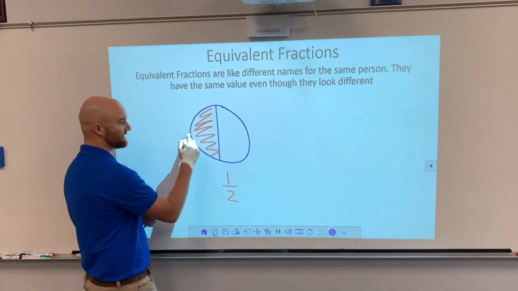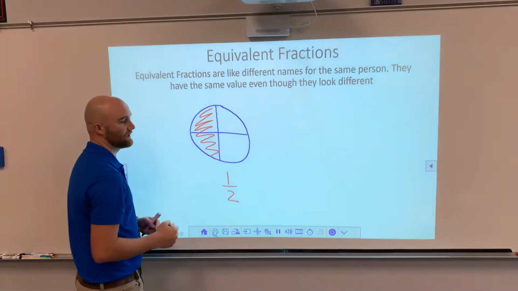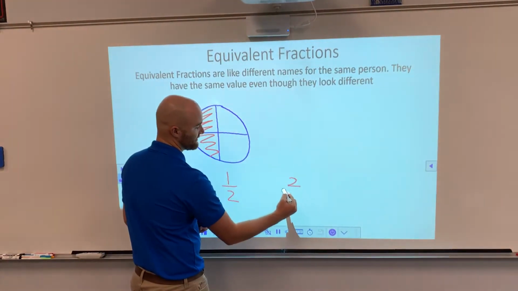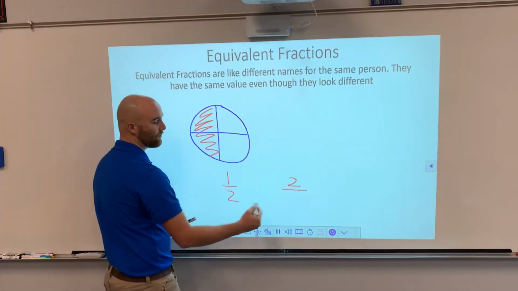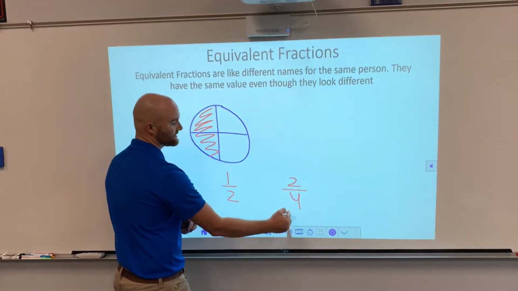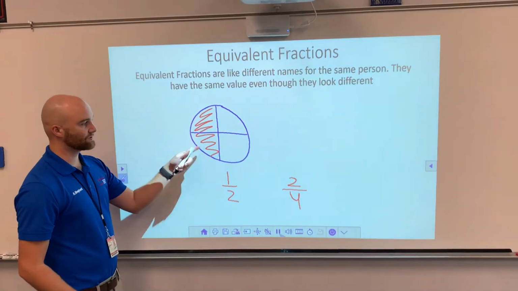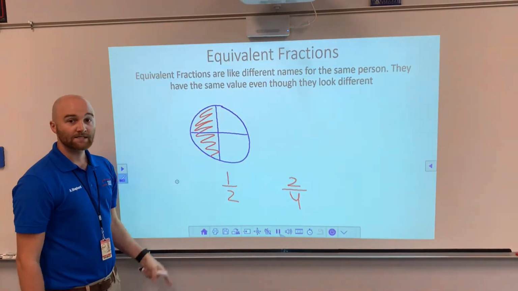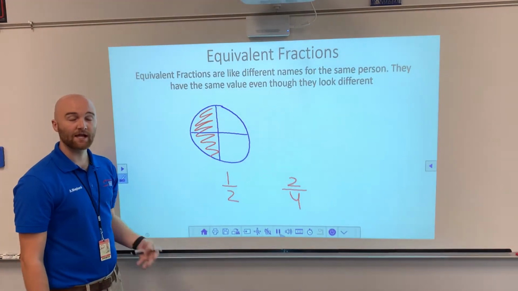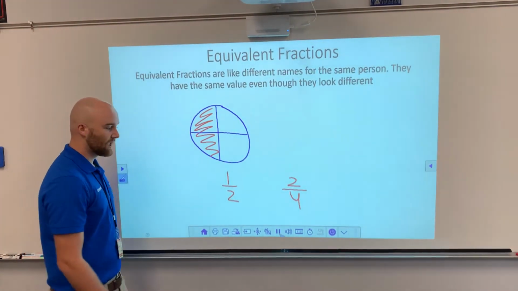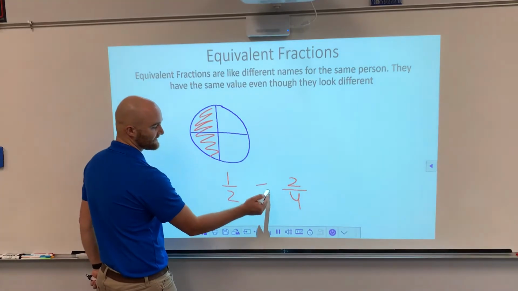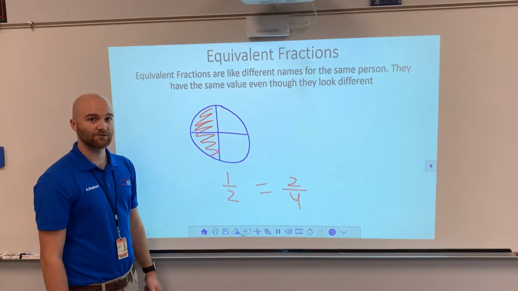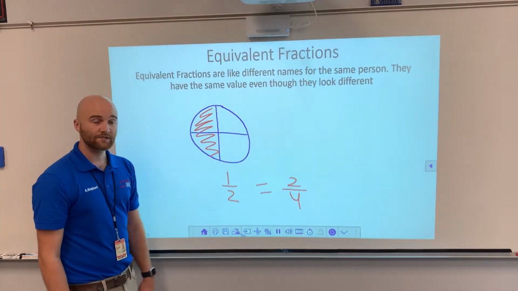If I split this up again, now I've got 2 parts shaded out of a possible 4. I've got 2 parts out of 4. 2 parts are shaded out of a possible 1, 2, 3, 4. Since I didn't add any more shading, I know it still has the same value. That means that 1/2 is equal to 2/4. It's the same as 2/4. Let's look at one more example like that.